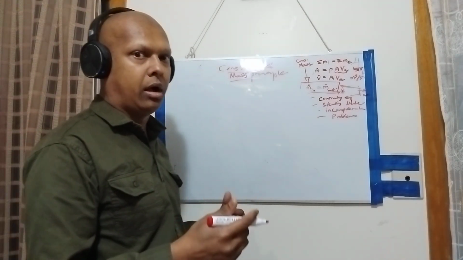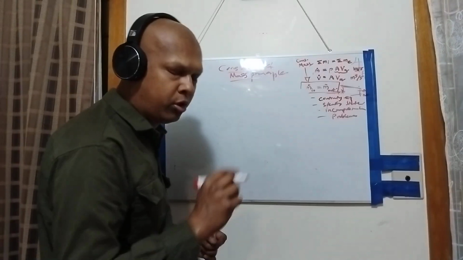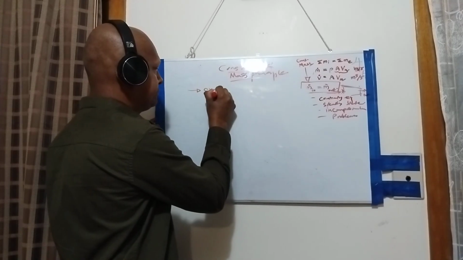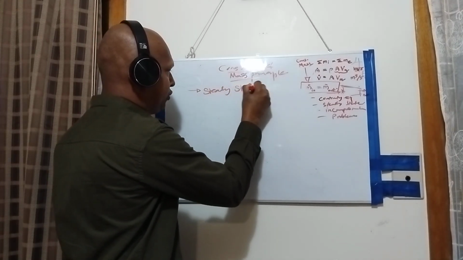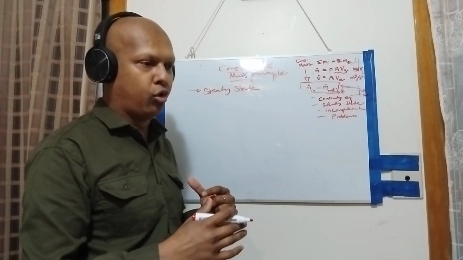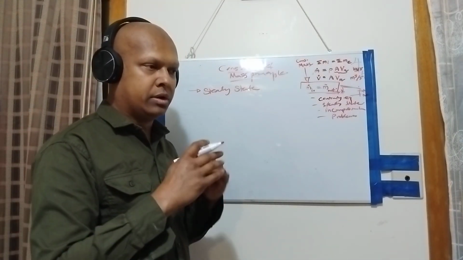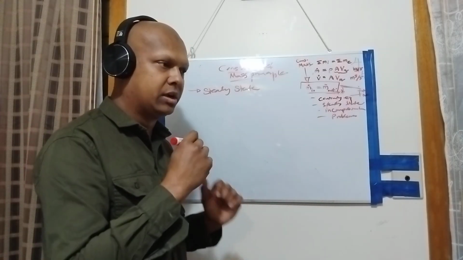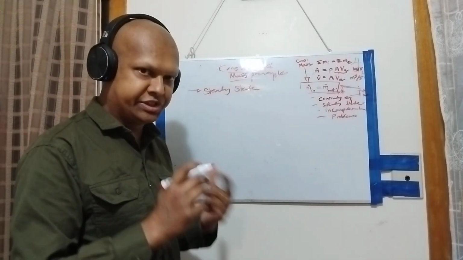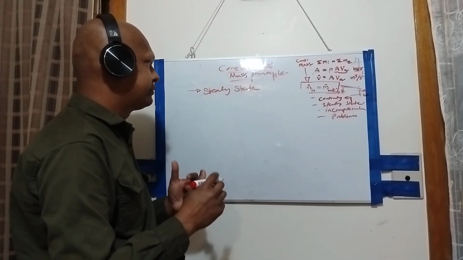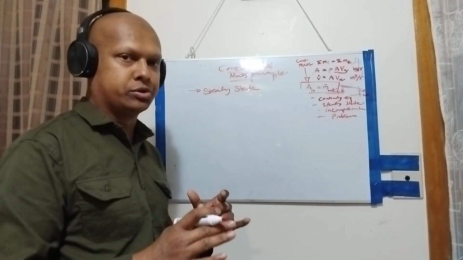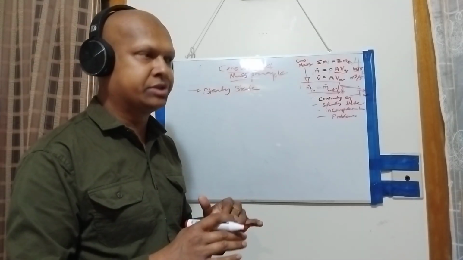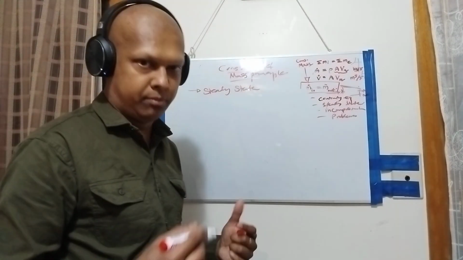The most common assumption we make is the steady state, which means the flow remains the same, the velocity streams remain the same. So steady state is very important for calculating mass flow rate or using the conservation of mass principle.